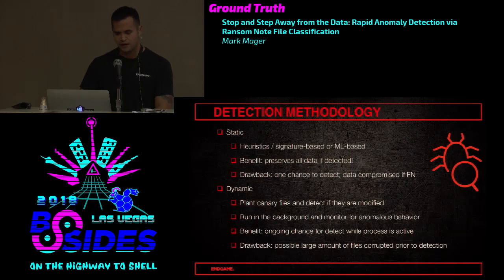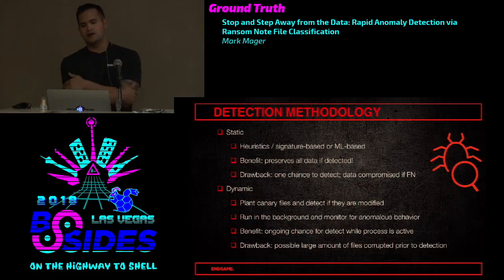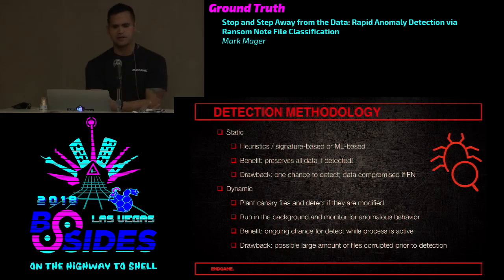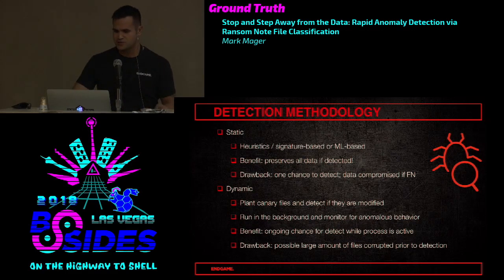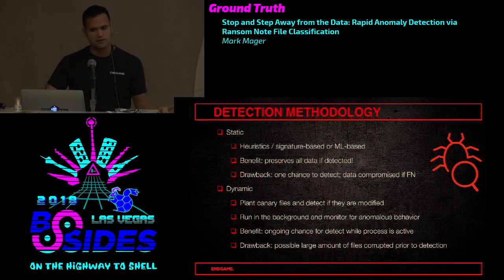and we'll get into the purpose of ransom notes in a bit. So the current state-of-the-art for detection methodologies you can break down pretty neatly into two categories. You have static detections, which take place without any execution of code of the ransomware. They're either more AV oriented, based on heuristics or signatures, or something a little more next gen that's based on some sort of machine learning model.